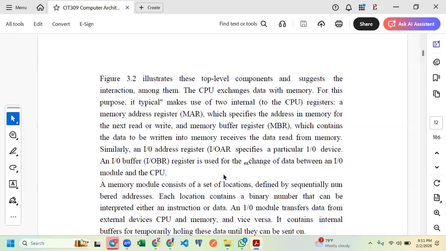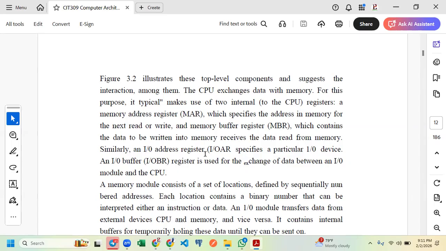It specifies which address in memory will be used for the next operation that the computer is about to undergo. But the memory buffer register, the MBR, is the one that contains the data to be written into the memory. It receives the data from the memory. That is what the buffer does.